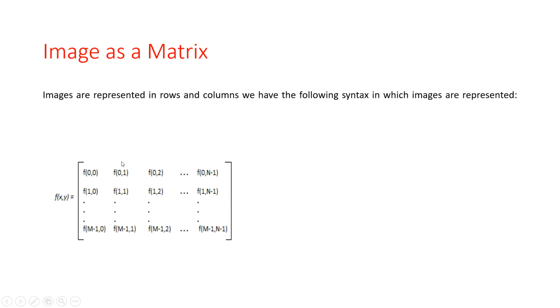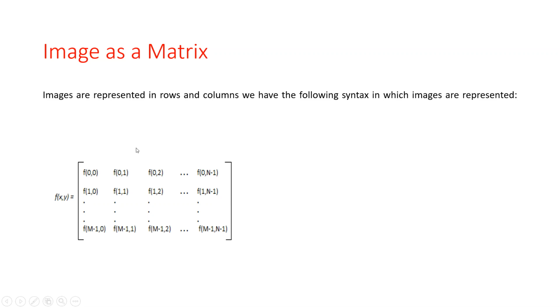The right hand side of the equation, that is this matrix form, is a digital image. Every element of this matrix is called an image element. Consider f of 0 comma 0: here the x value is 0 and the y value is 0. Similarly for the second column, f of 0 comma 1, that is x equal to 0 and y equal to 1.